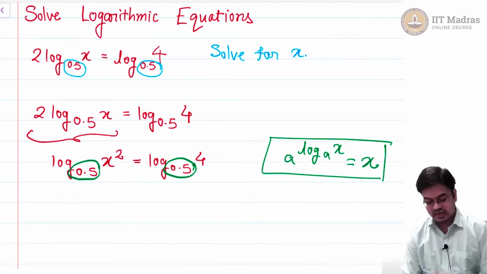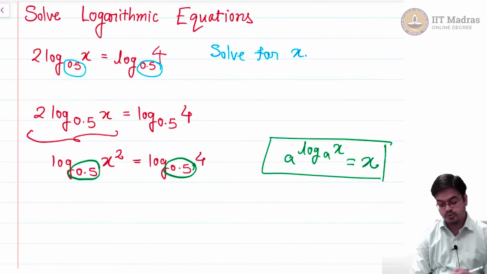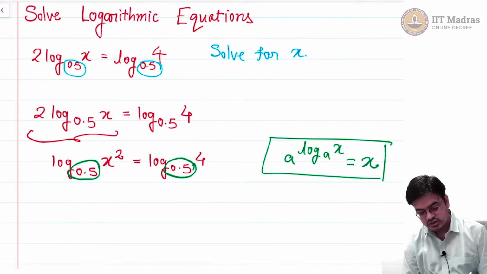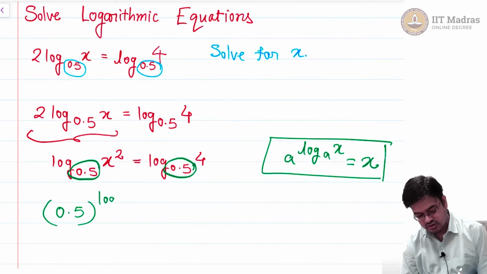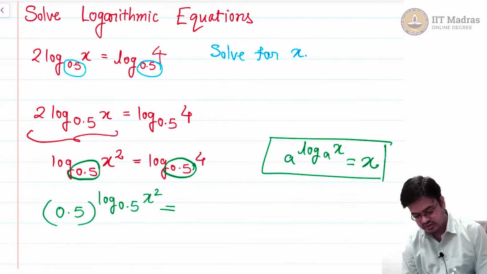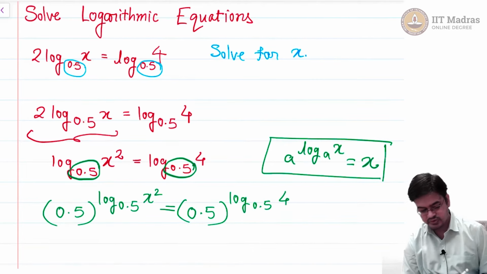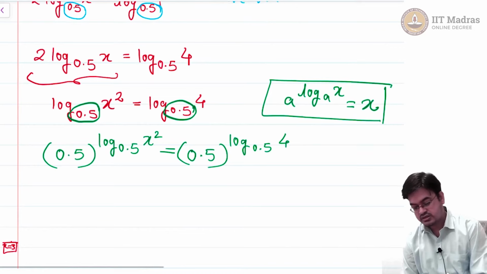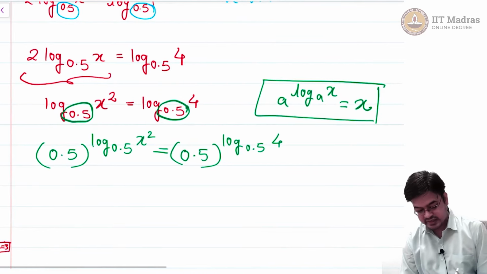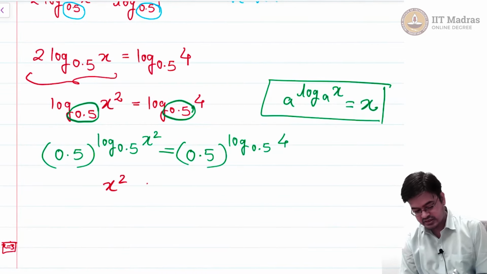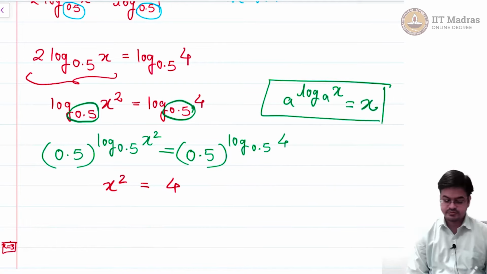So I will exponentiate with respect to 0.5. I will write 0.5 raised to log to the base 0.5 of x square is equal to 0.5 raised to log to the base 0.5 of 4. What does this mean? This simply means I will get x square is equal to 4.